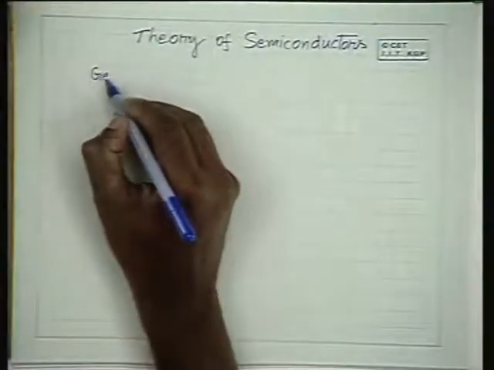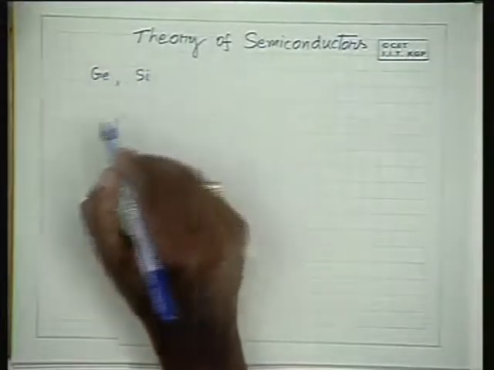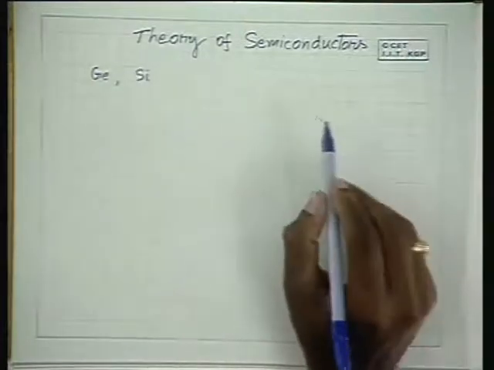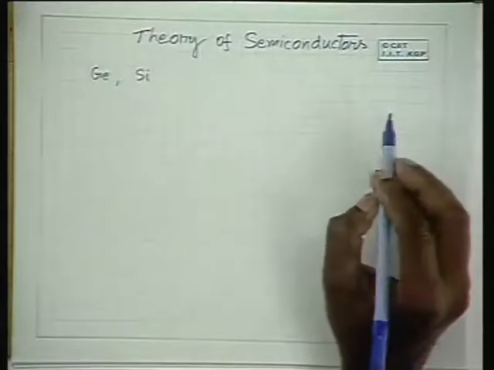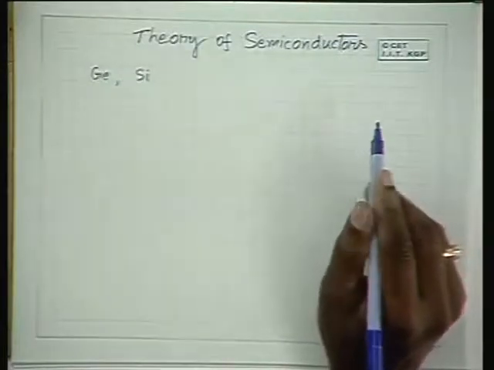For instance, if you look at the germanium and silicon elements, these are tetravalent materials. They have 4 electrons in the valence band.